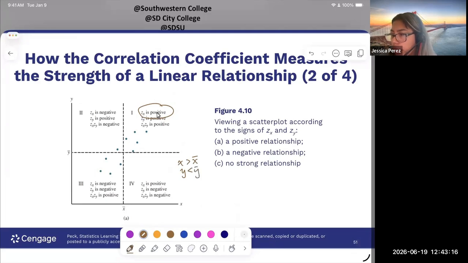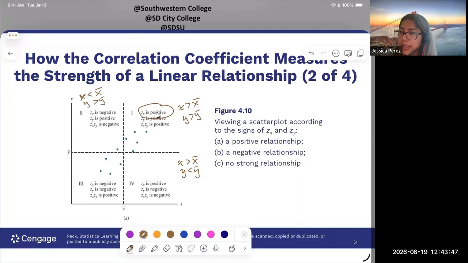Now here, if z of x is positive, that means x is greater than x bar. Z of y is positive, that means y is greater than y bar. Z of x times z of y are both positive. In the second, if z of x is negative, x is less than x bar, and if z of y is positive, y is greater than y bar, and the product is going to be negative.